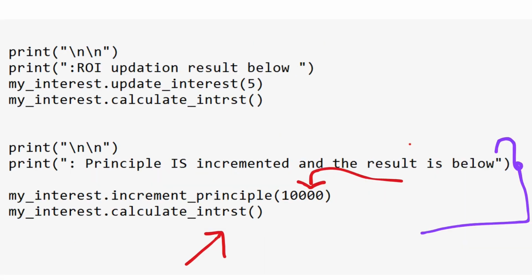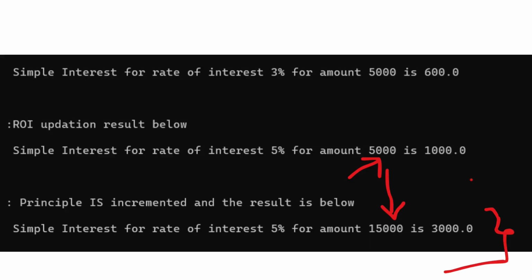If we use our same instance my_interest.increment_principal and pass 10,000 in it, and using the same instance call calculate_interest, you see the output: simple interest for the rate of interest 5%, because we updated it from 3 to 5, and the amount from 5000 is now changed to 15,000 because 10,000 is incremented. So this is our second way of modifying the attribute, that is, we can increment its value from the original one.